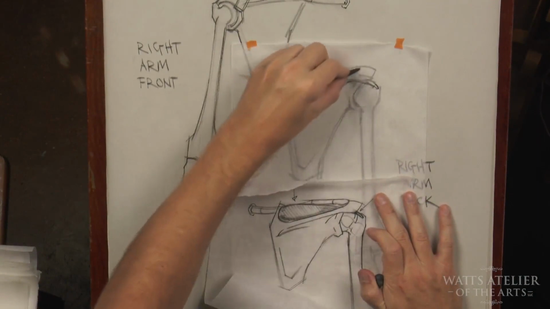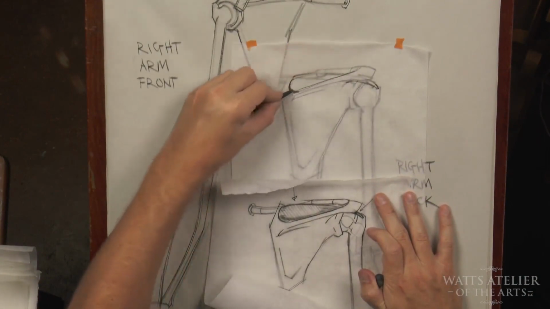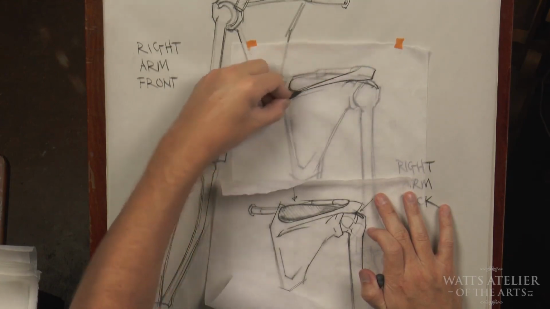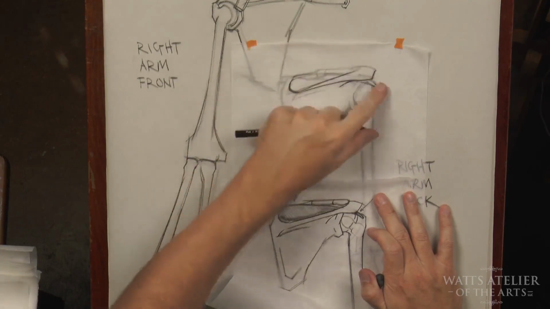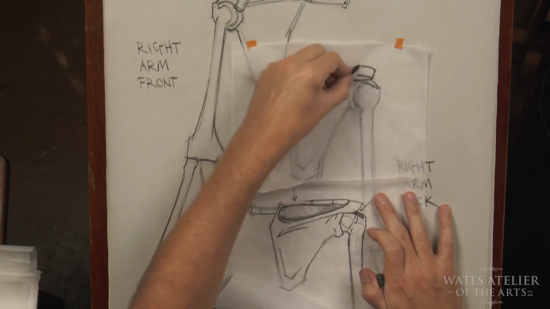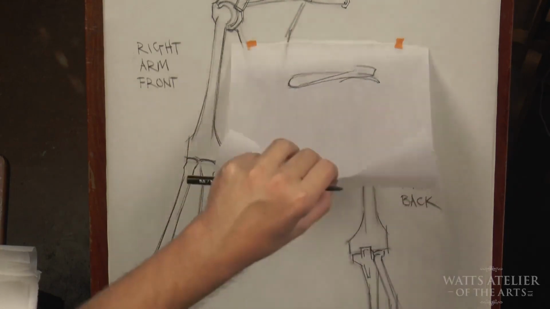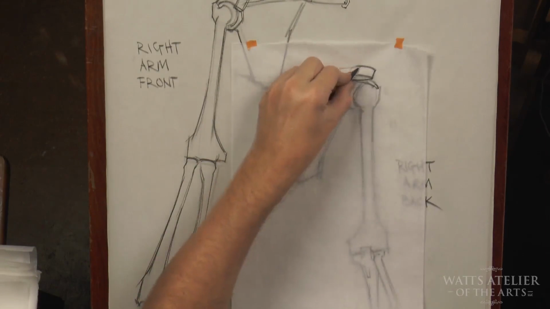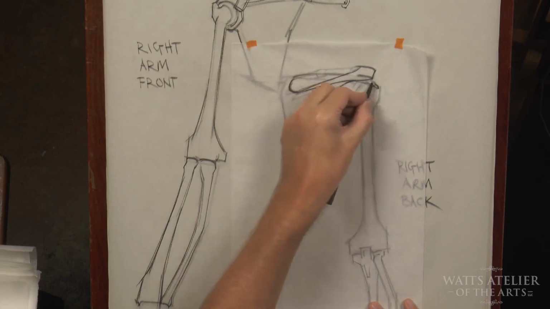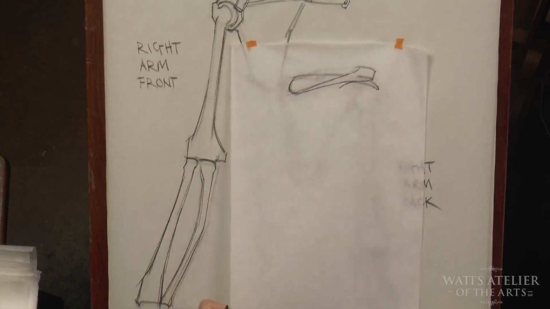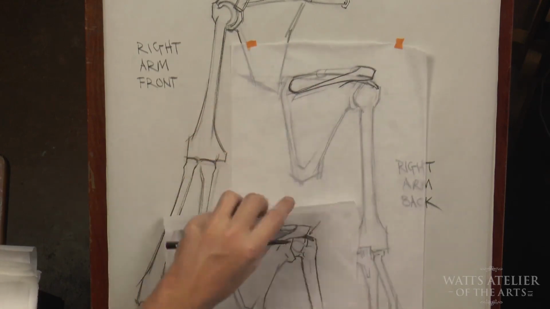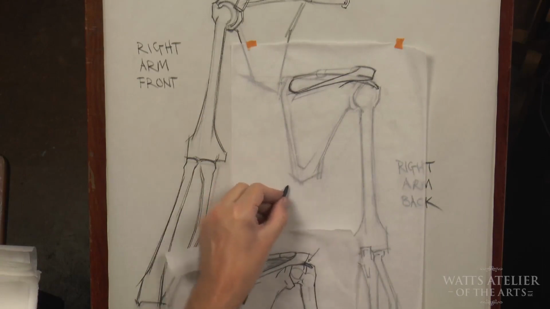So we get the acromion process overlapping it. Right, fits on there just like that. And then you can write it down and say supraspinatus.